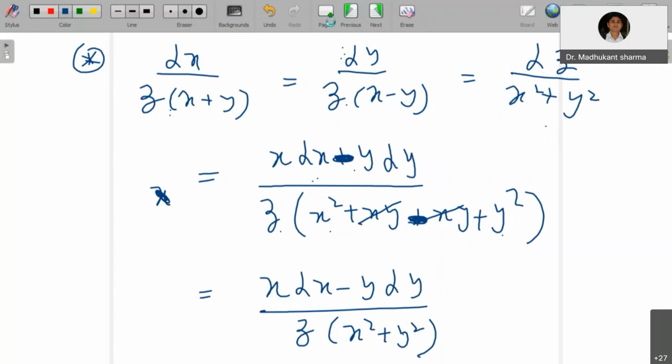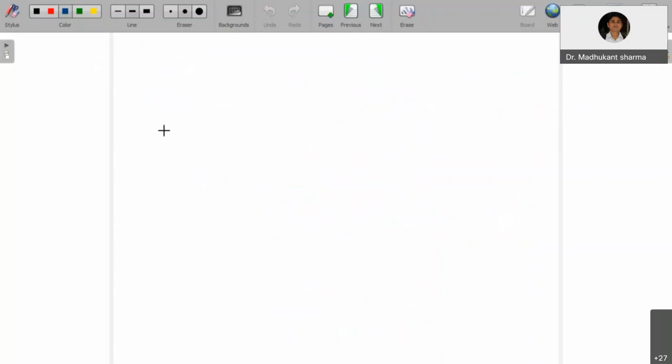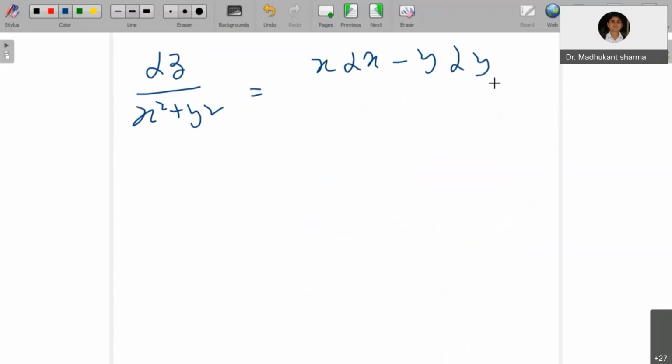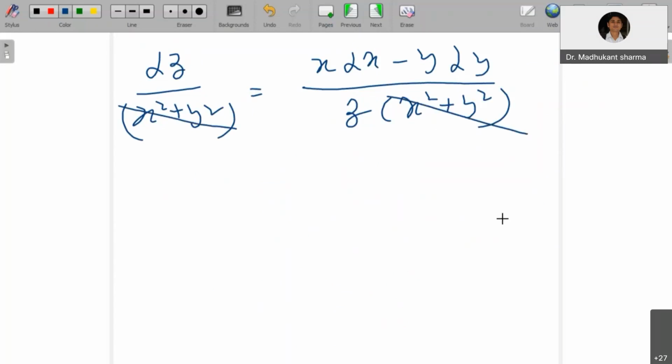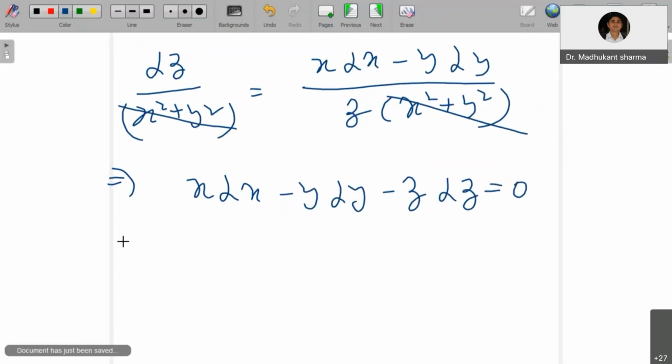So dz by (x square plus y square) equals (x dx minus y dy) divided by z into (x square plus y square). Now this will get cancelled, so what you will have is x dx minus y dy minus z dz equals 0.